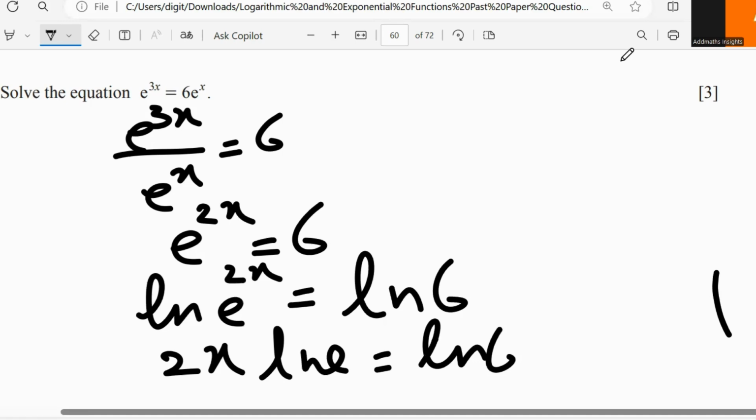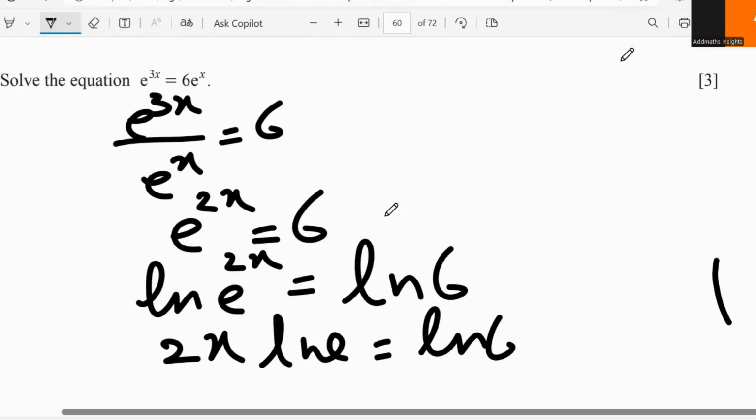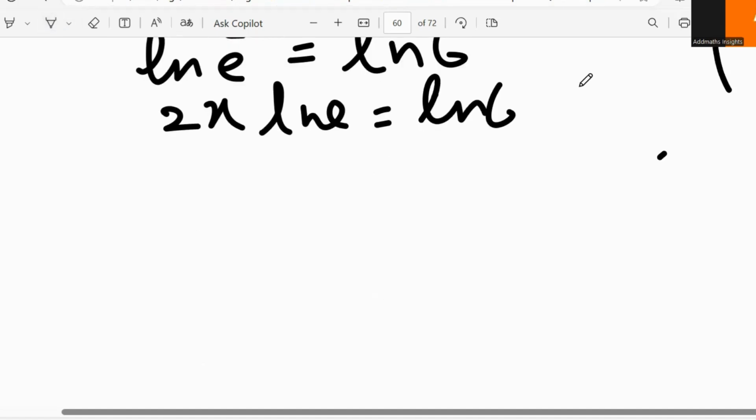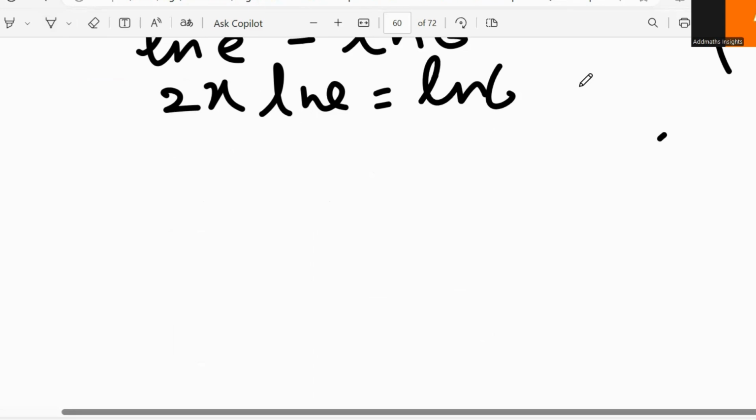And you know that the value of ln e is equal to 1. Now with the help of a calculator, you can find the value of ln 6. Since ln e is 1, 2x is equal to ln 6.